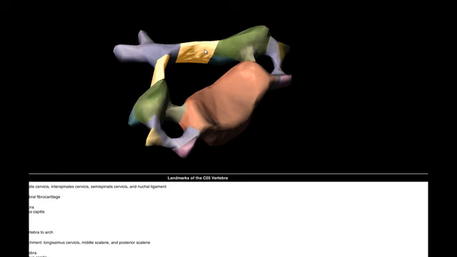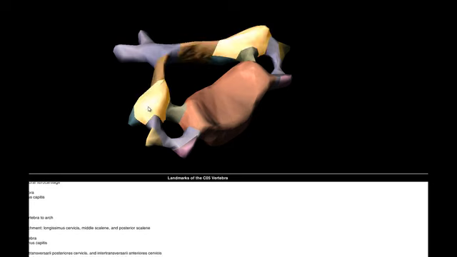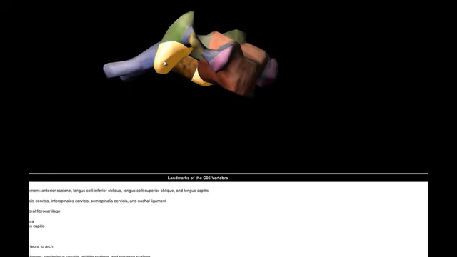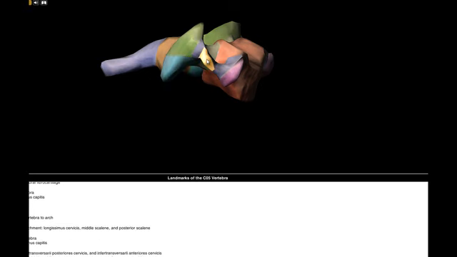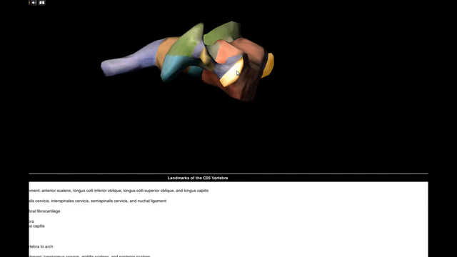So again, we've got the lamina, the articular process, that would be the superior articular process. Underneath would be the inferior articular process, and this gives us that good view of the angulation relative to the vertical. I have a posterior tubercle on the transverse process, an anterior tubercle on the transverse process.